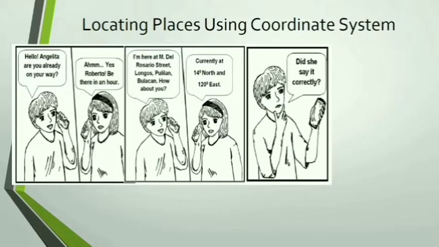Now that you show your skill in locating places, let's now read this conversation of Roberto and Angelita. Starting from left, going to right, the conversation starts from Roberto saying, "Hello, Angelita. Are you already on your way?" And Angelita answers Roberto, "Hmm, yes, Roberto.